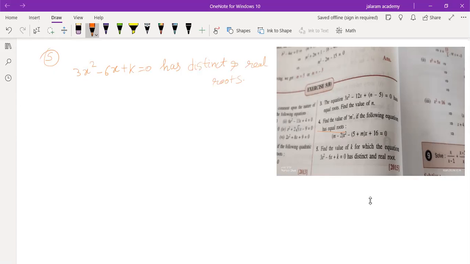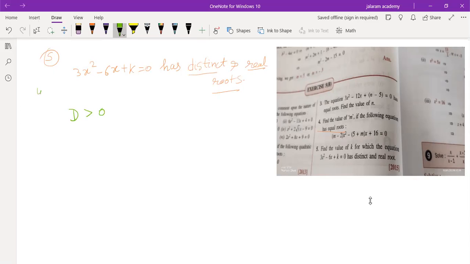So what is the condition of distinct and real roots? So discriminant should be greater than 0. Discriminant is strictly greater than 0.